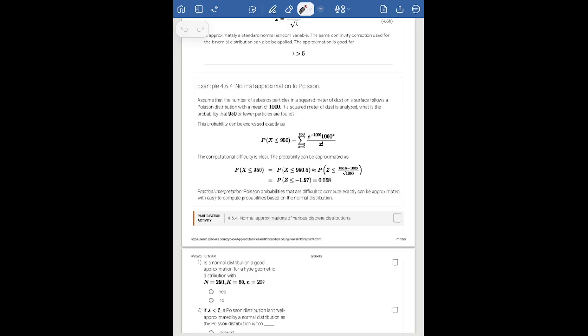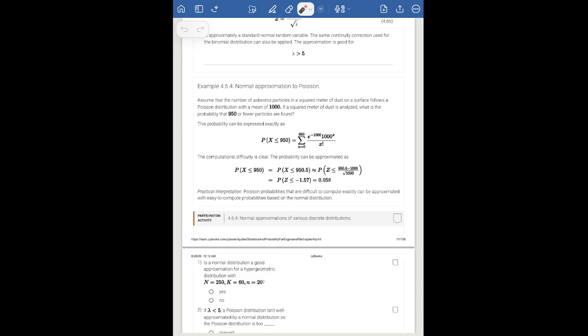And the computational difficulty is clear here. In this equation, we have a factorial, and then we have a power, 1,000 to the x power. We would be expected to substitute in the values from 0 to 950, and initially the factorial and that power function should be relatively decent to manage.